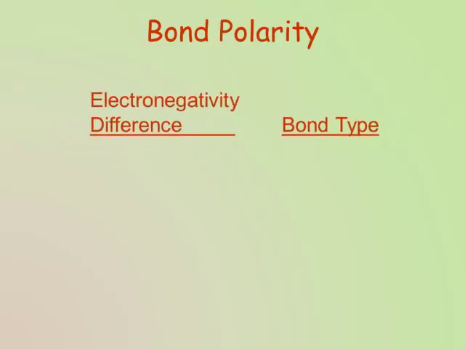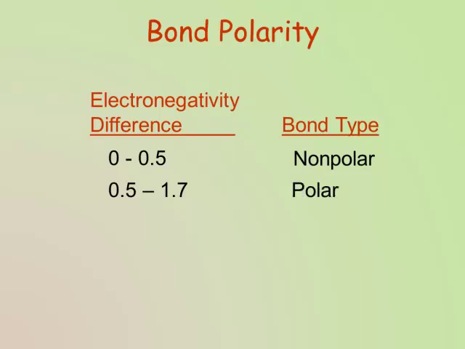How evenly the bonding electrons are shared will determine the polarity of a bond. This is determined by the electronegativity difference between the bonding atoms. If there is no difference in their electronegativities, like in a diatomic molecule, that is a nonpolar covalent bond. If the electronegativity difference is an intermediate value, this is a polar covalent bond.